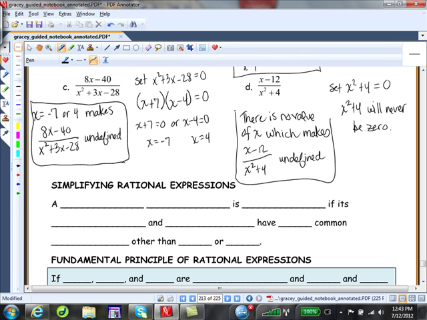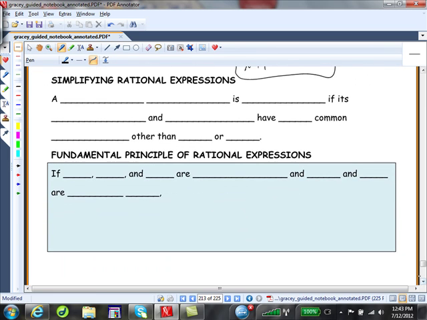All right. So there's the start of it. So now we're going to focus on simplifying rational expressions.